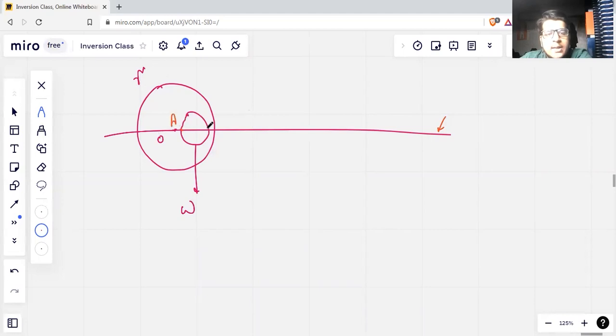So AB is the diameter of omega. This is how I draw this. We can construct the inverses of A and B. So here will be somewhere B dash and here will be A dash. Okay, let's consider a point X lying on the circle and its inverse. Let's say this X and this is some X dash.